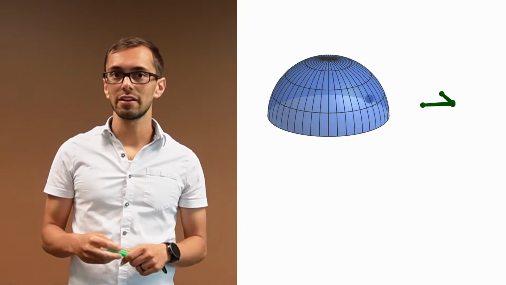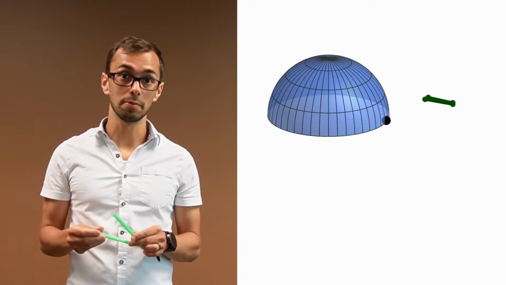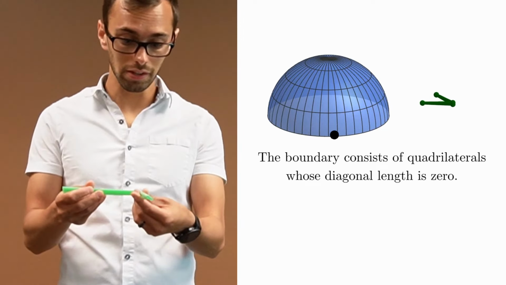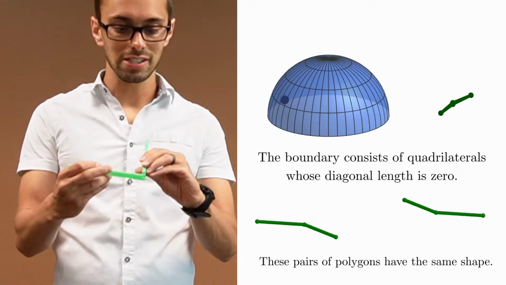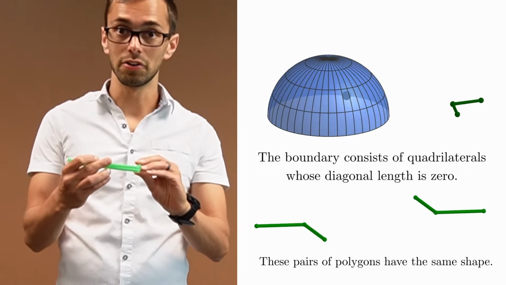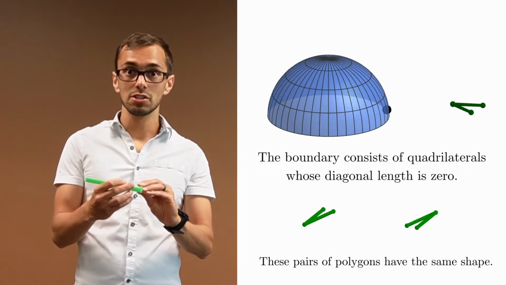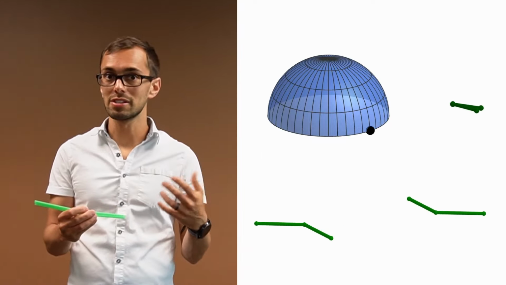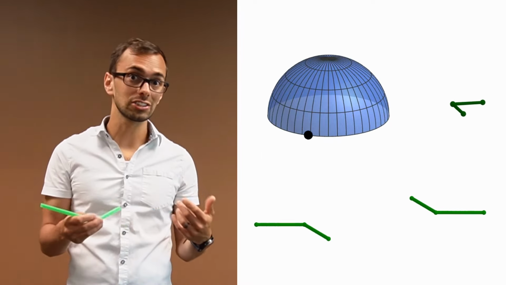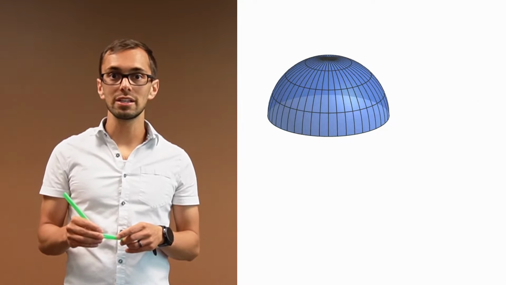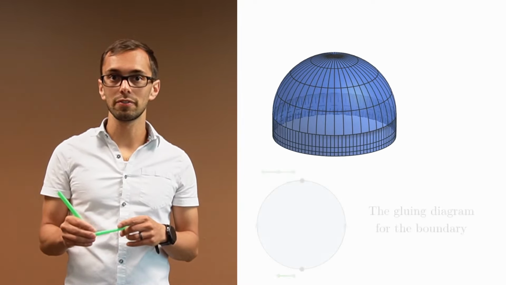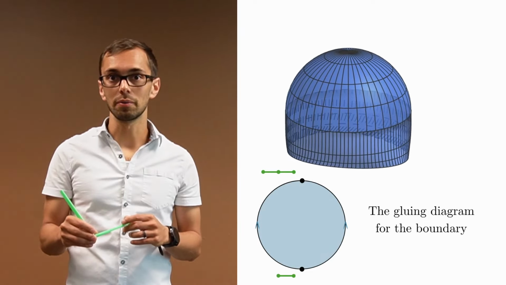The reason for that is if we consider points near the boundary of the hemisphere, this quadrilateral and that quadrilateral are actually the same, just rotated by 180 degrees. So even though they correspond to different points in the hemisphere, they're actually the same shape. To fix this problem, what we need to do is glue together the boundary of the hemisphere in the following way.